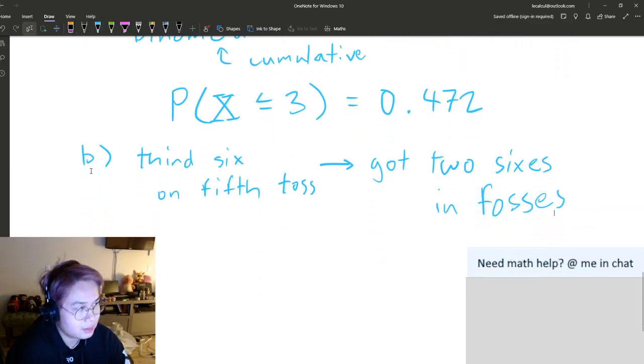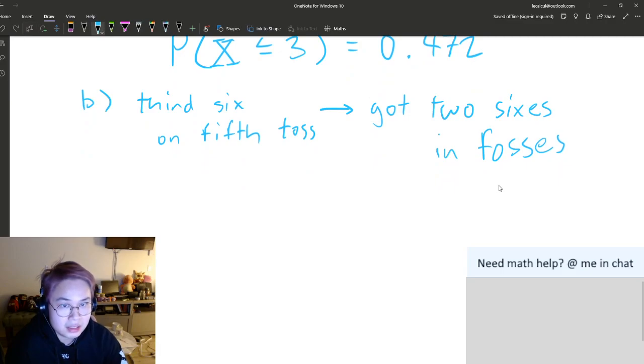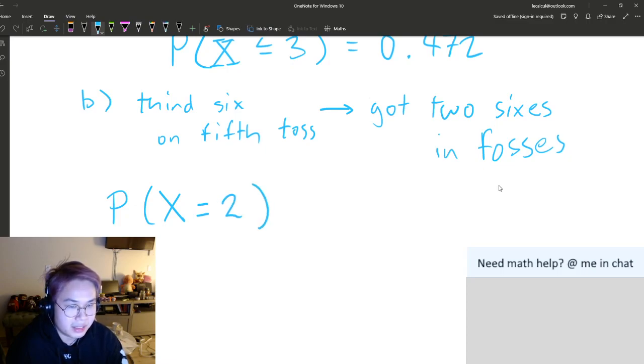So again, that's what it means. Third 6 on the 5th toss basically is implying that you got 2 sixes in the first 4 tosses. So what we need to do is find the probability that you got 2 sixes, and then multiply this by the 5th toss, so another 7 over 10. So that was also another tricky part.